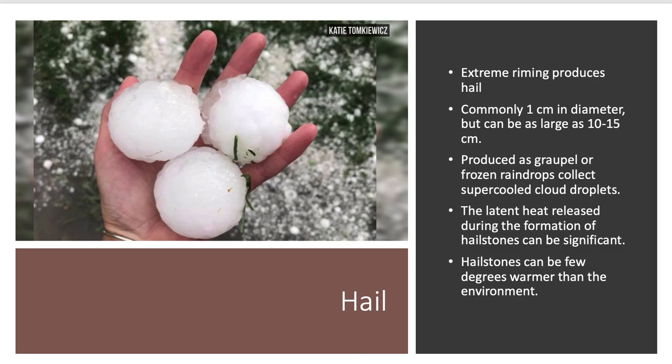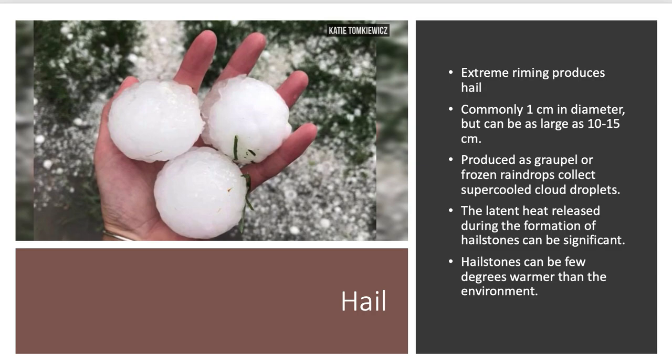They're produced when graupel or frozen raindrops collect supercooled cloud droplets. So you have these graupel particles that are falling down. Suppose that they accumulate even more supercooled liquid water droplets. At some point, they reach a certain radius that makes us classify them as hailstones.